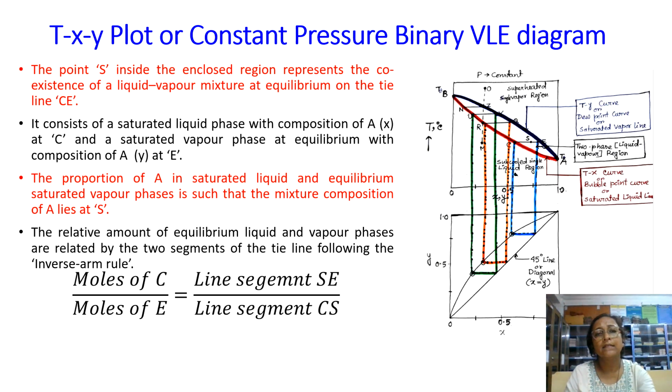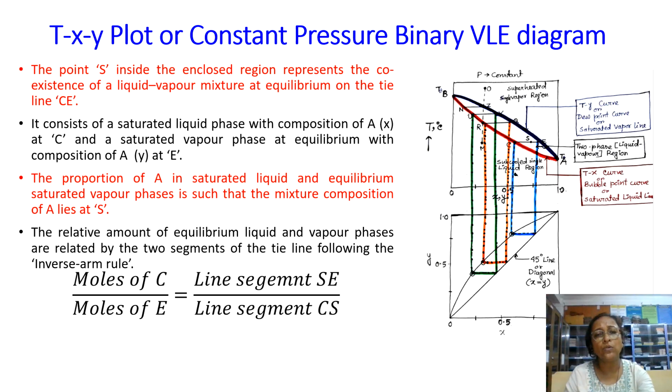Point S is a liquid vapor mixture at equilibrium which consists of a saturated liquid phase with composition of A denoted by x at point C and a saturated vapor phase at equilibrium having composition denoted by capital E. Now the portion of A in the saturated liquid and the equilibrium saturated vapor phase is such that the mixture composition of A lies at S.